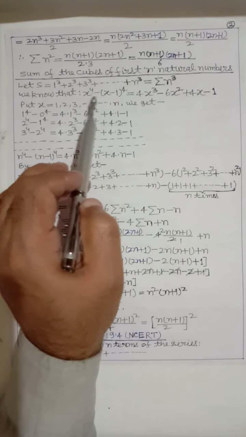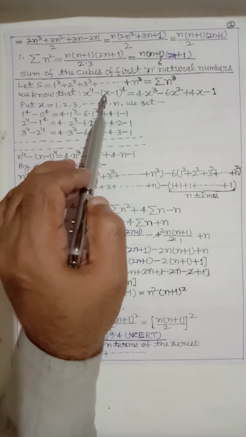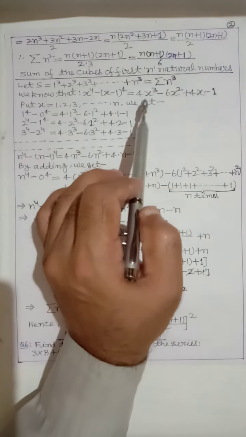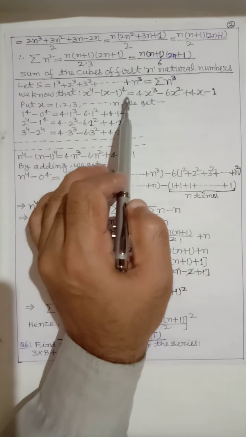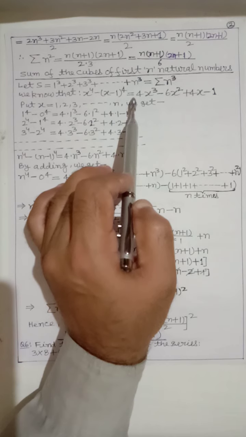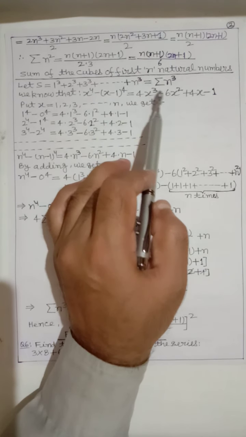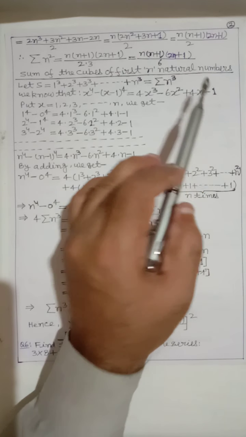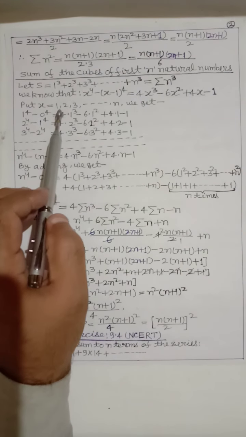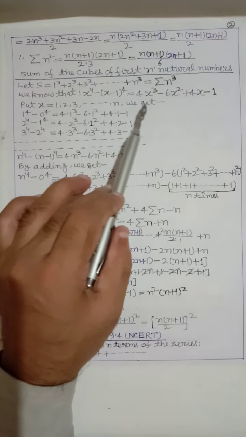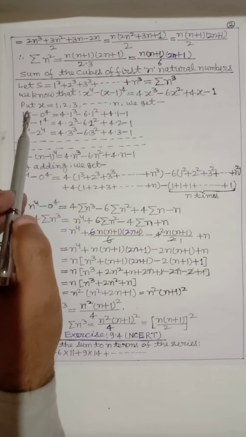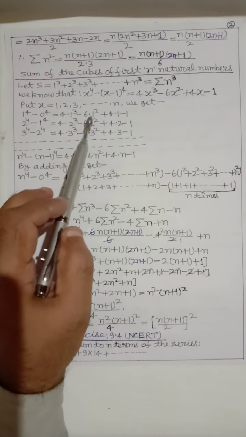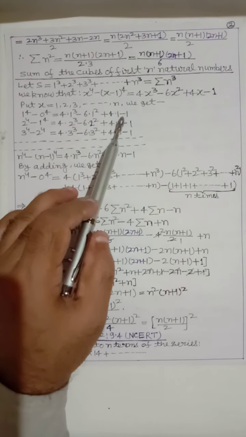First we use this identity, and the value of this is equal to 4x cube minus 6x square plus 4x minus 1. Here putting x equal to 1, 2, 3 and so on up to n, we get 1 to the power 4 minus 0 to the power 4 equal to 4 into 1 cube minus 6 into 1 square plus 4 into 1 minus 1.